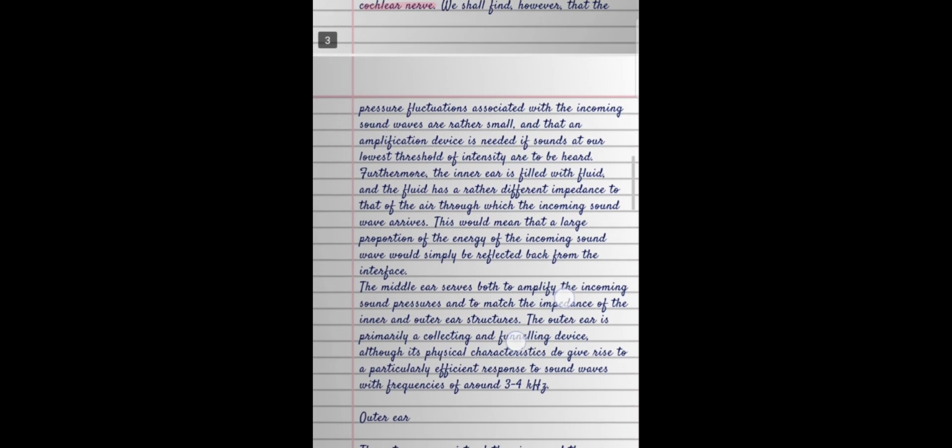We shall find, however, that the pressure fluctuations associated with the incoming sound wave are rather small, and that an amplification device is needed if sounds at our lowest threshold of intensity are to be heard. Therefore, the inner ear is filled with a fluid, and the fluid has a rather different impedance to that of the air through which the incoming sound wave arrives.